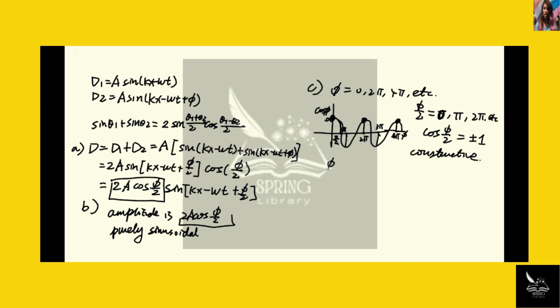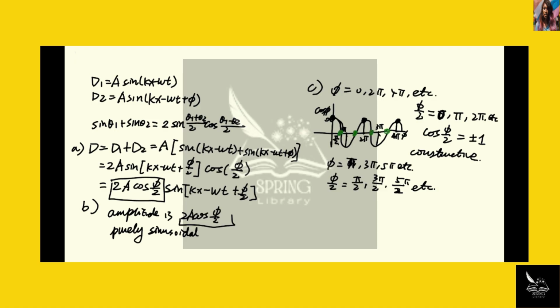What about when phi equals pi, 3 pi, 5 pi, etc.? In these cases, phi over 2 is a half integer number of pi. If we look at half integers, this is half of pi, this is 1.5 pi, this is 2.5 times pi, 3.5 times pi.